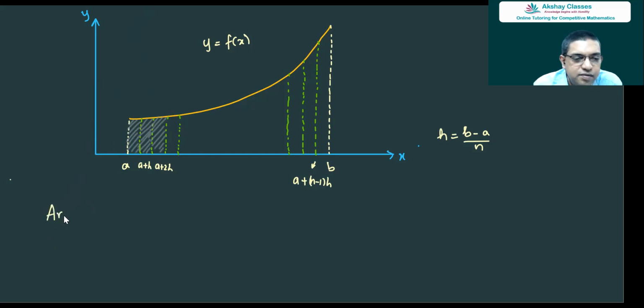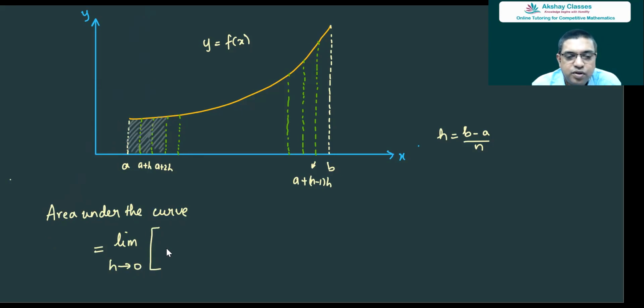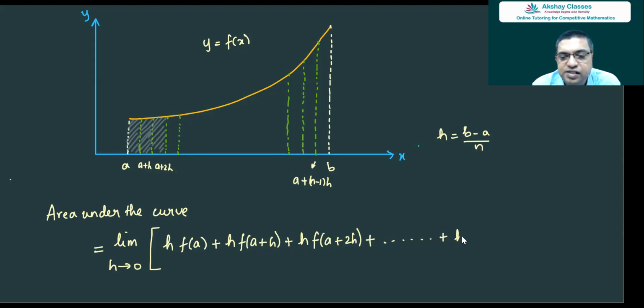So area under the curve will be equal to limit h tending to 0 of h times f of a, plus h times f of a plus h, plus h times f of a plus 2h, plus h times f of a plus n minus 1 times h.